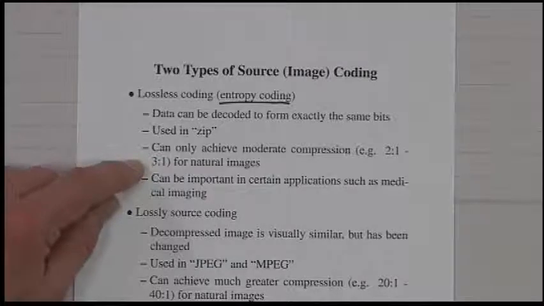Now, the problem is if you use lossless coding on natural images, if you just take a TIFF file, TIFF actually stands for tagged image file format. So you can store all kinds of things in TIFF, and you can put a TIFF wrapper around JPEG. But often when people say TIFF, they really just mean 24-bit color raster images.